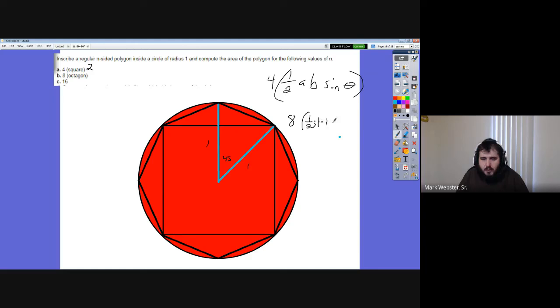Times 1 times the sine of 45. And we know 45, or pi over 4 if you prefer, sine of that is radical 2 over 2. So we got 8 times a half times 1 times 1 times radical 2 over 2. So we got 4 times radical 2 over 2, or if you prefer, 2 radical 2.